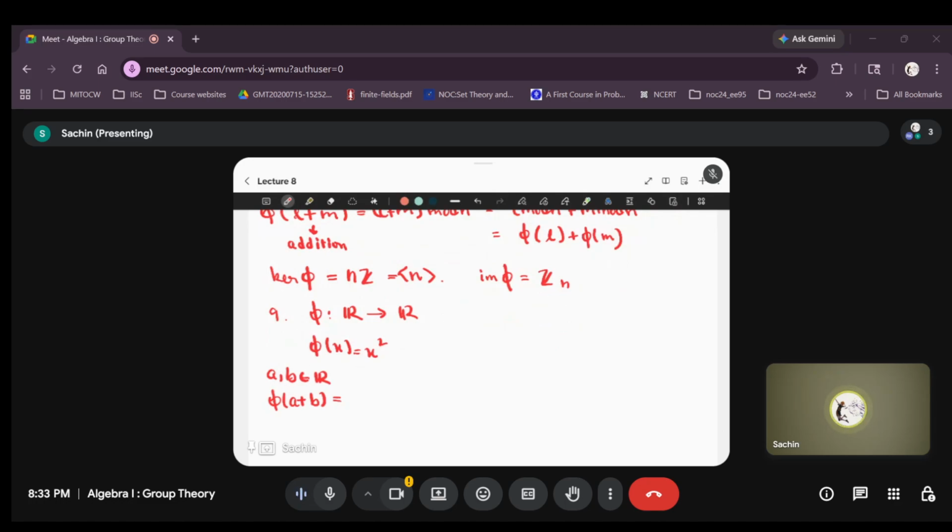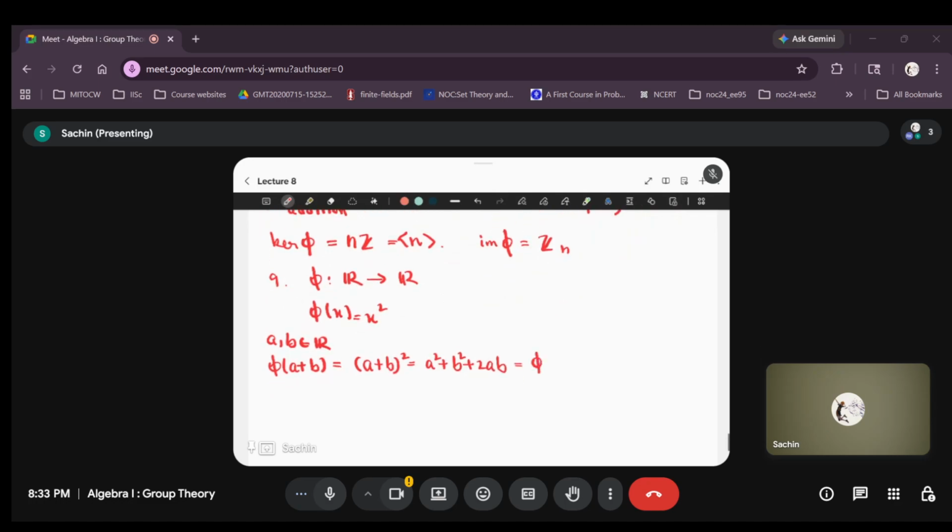Can it be multiplication? Yeah, so the operation is addition. Yeah, so in general it's not equal to phi of a plus phi of b.